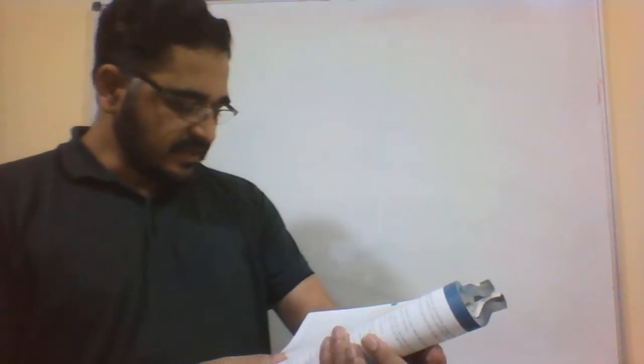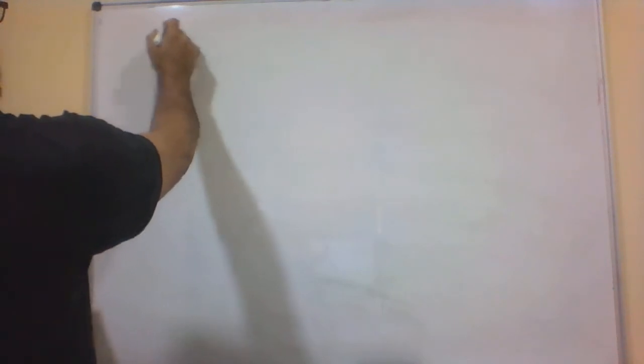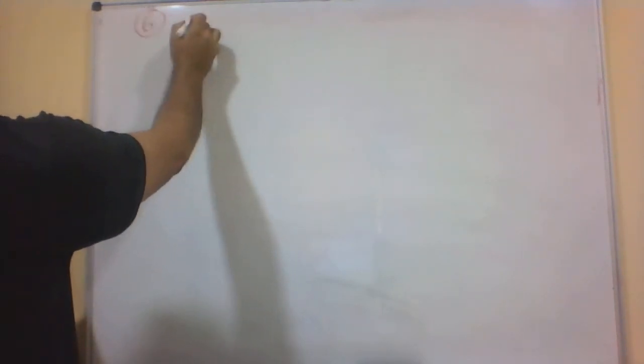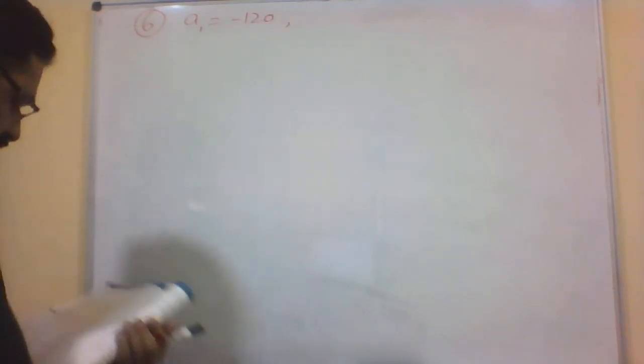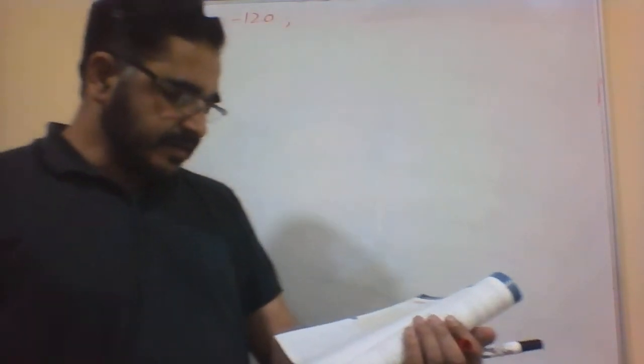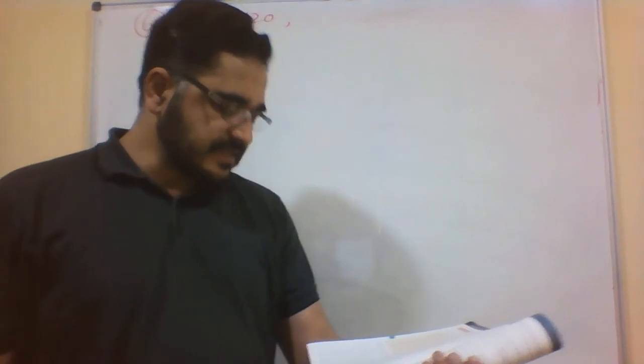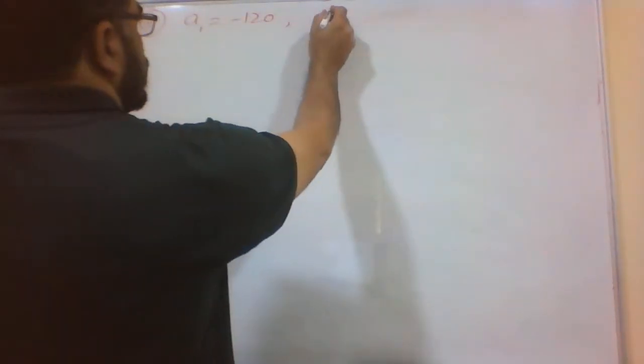Then the next question is question number 6. Question number 6 in your book is: the first term of a geometric progression is minus 120. First term means a1, minus 120, and the sum to infinity is minus 72.